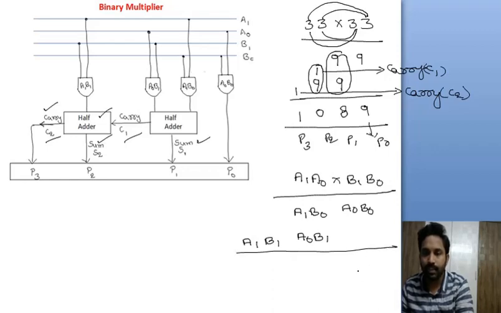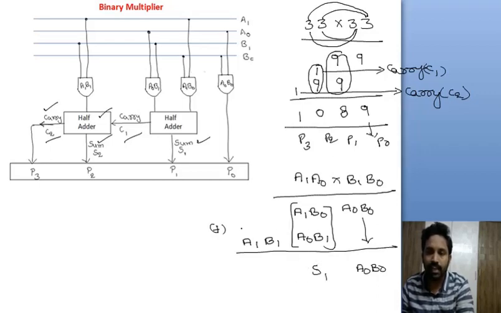Now finally, this A0 B0, and now we are going to add these two. This is the same value we consider here, A0 B0. Next we are going to add these two bits. While adding these two bits, a sum is generated, right? Let us assume that is S1. If any carry is generated, that is C1.